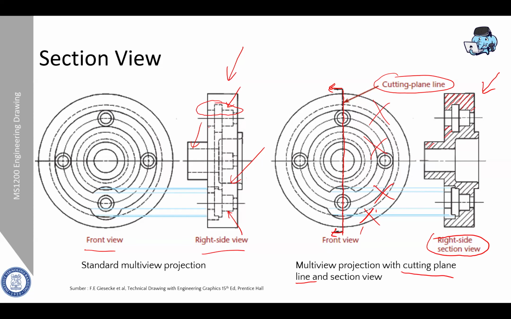But once revealed by the section view, we use just a solid line like this one to show the edges or the boundary of the hole. So this is the difference between the standard projection and the section view.